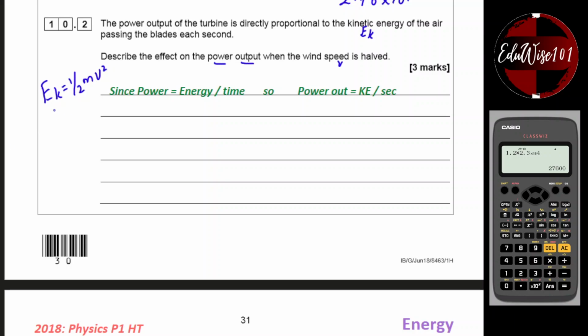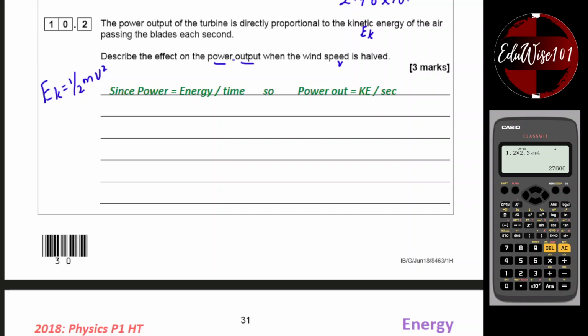Now, if you double the mass, the kinetic energy doubles. If you double the speed, it actually increases by a factor of 4 or quadruples. Here they're asking what happens if it is halved. So if you halve the mass, first of all, the kinetic energy gets reduced by half.